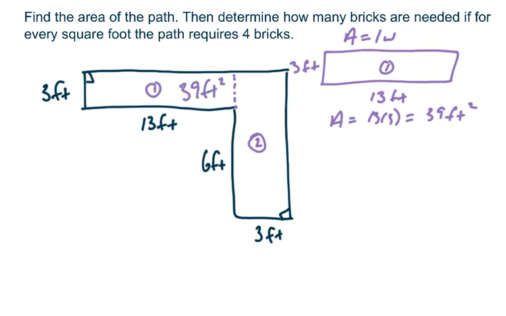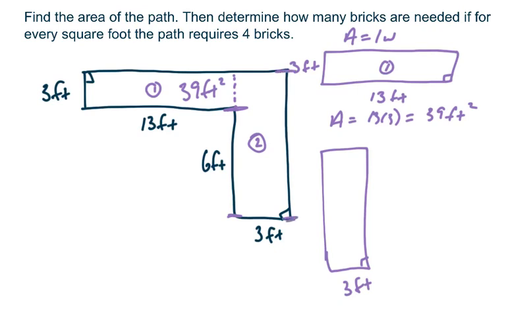Now I'm going to look at the second rectangle. So I'm going to try to draw right on here its dimensions. But what I notice is I can't label this side as 6 because this whole side, 6 is only from here to here. I need from here to here.